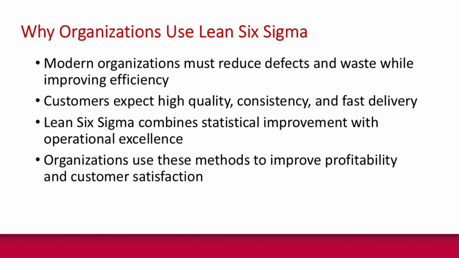It gives organizations a disciplined way to solve problems instead of relying on guesswork. It's also important to understand that Lean Six Sigma is not just for manufacturing. It's widely used across many industries, including healthcare, logistics, finance, supply chain, service industries. Wherever there are processes, Lean Six Sigma can help improve them.